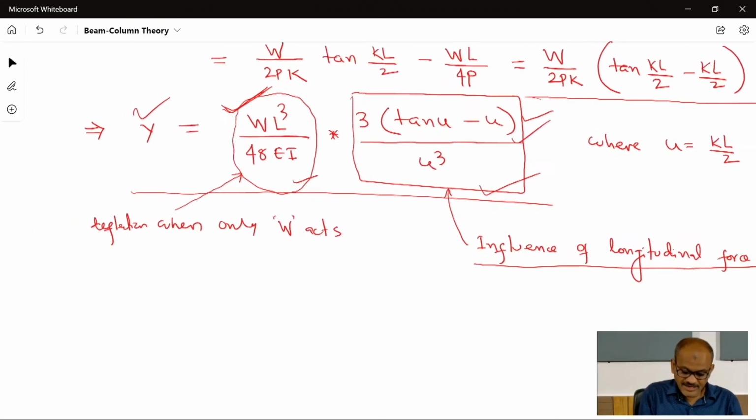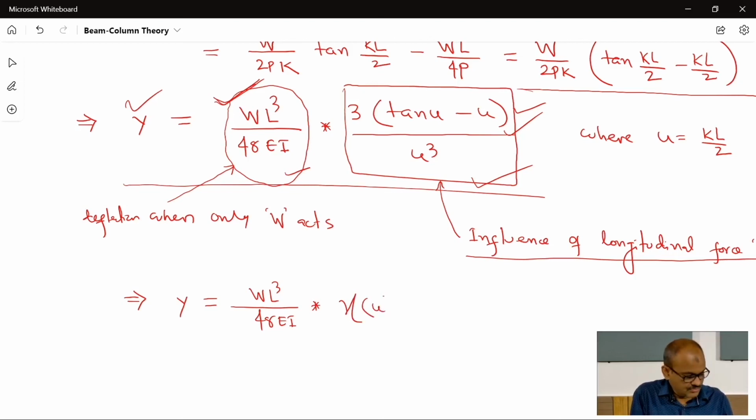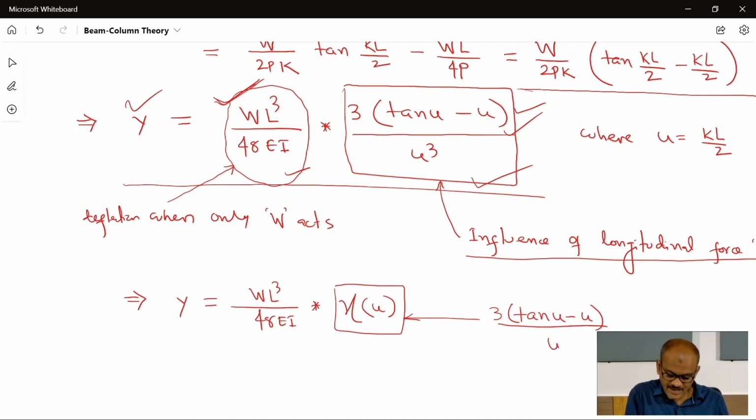And finally you can write this expression, y as WL cubed divided by 48 EI multiplied by eta of U, and this is 3 of tan U minus U divided by U cubed.